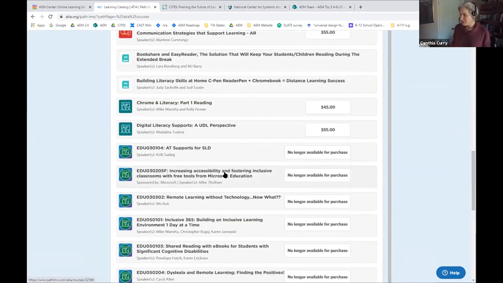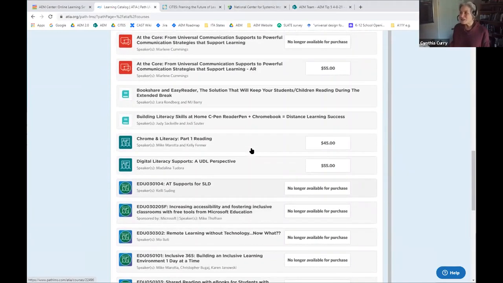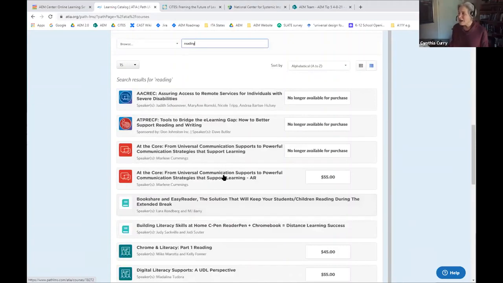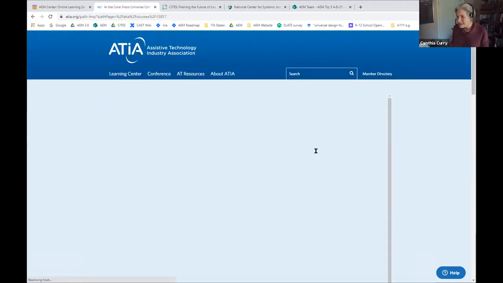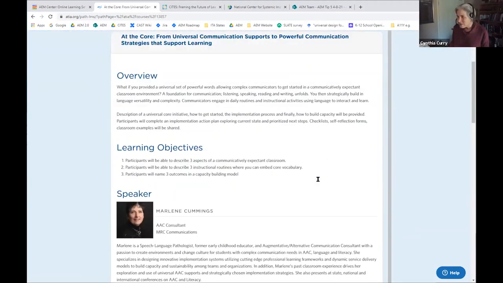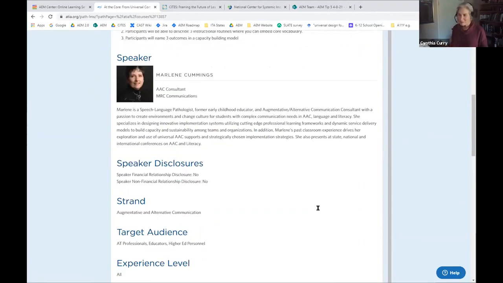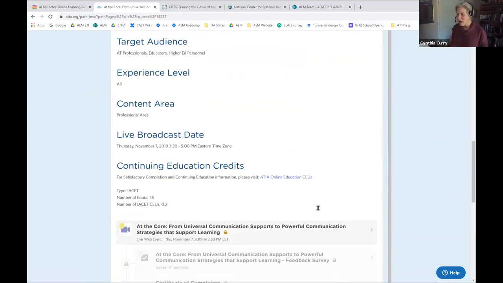And of course, I just happened to choose some that are no longer available for purchase. Just to note that when you come into your portal, go ahead and see what is available. I'm not sure whether some of these are going to be available as part of your free membership, again, up to 40 seats for each state.